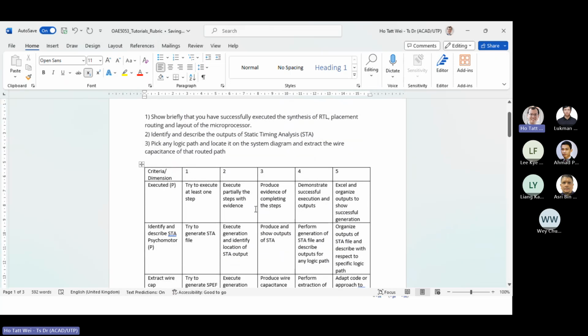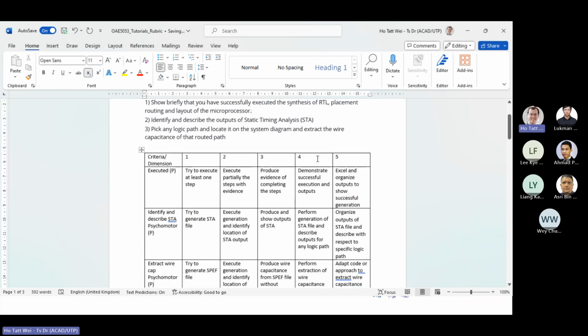So normally for the rubric, there will be 1 mark to 5 marks. 5, of course, is A. 4 is like 80%, A minus. 3 is 60%, like a B. This is the passing mark. Typically, you want to be at 3 and above because if you're at 3 and above, most likely you will pass with a B thereabouts, and your CGPA will be maintained.